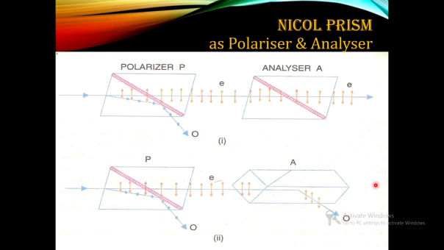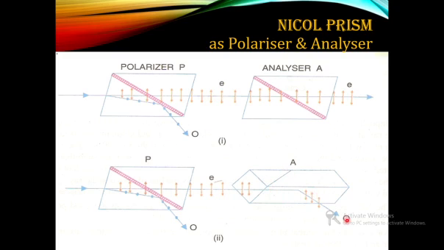So this is how the Nicol Prism acts as a polarizer. In the first case, when they are parallel to each other, the extraordinary ray will emerge as such. But once the analyzer becomes perpendicular to the transmission axis of the polarizer, the extraordinary ray coming from the polarizer will be felt as an ordinary ray by this analyzer because it is now in a perpendicular direction.